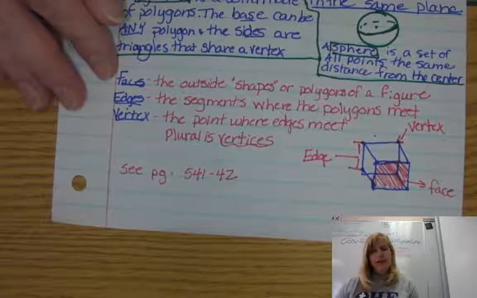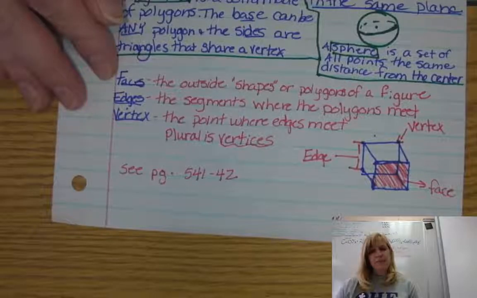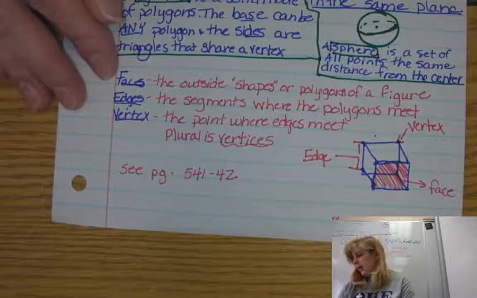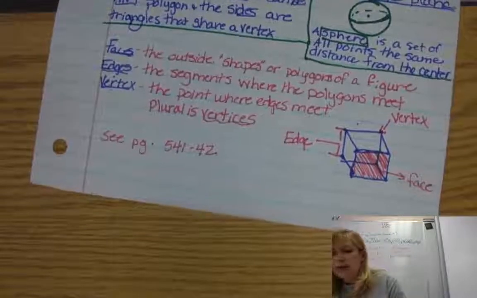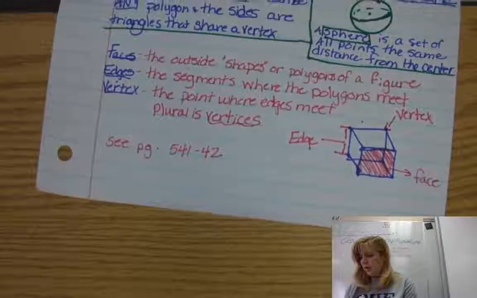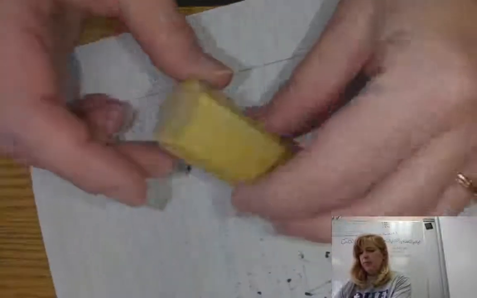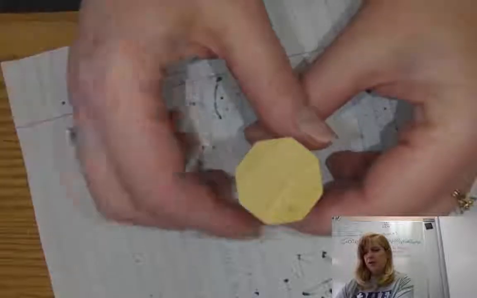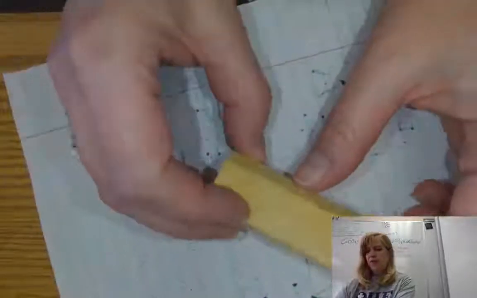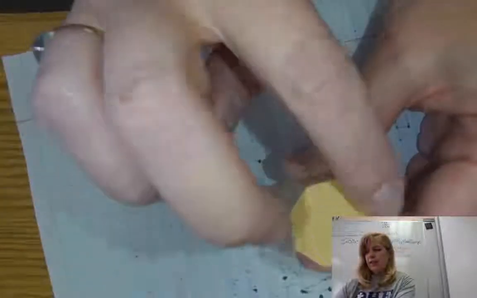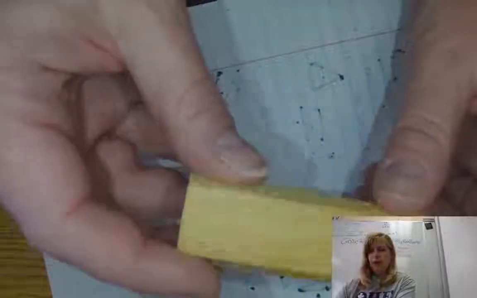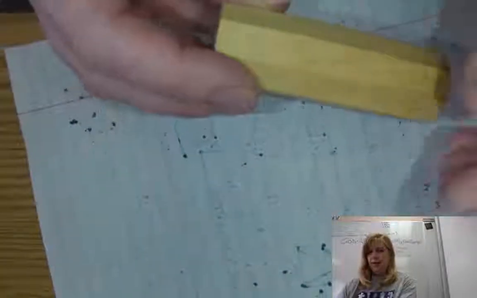But a lot of this lesson is going to be focused on just simply counting the faces and the edges of different shapes. So I wanted to show you this example too. This is an octagonal prism. So if you look, there are 8 sides around here. It would kind of roll like that, kind of.